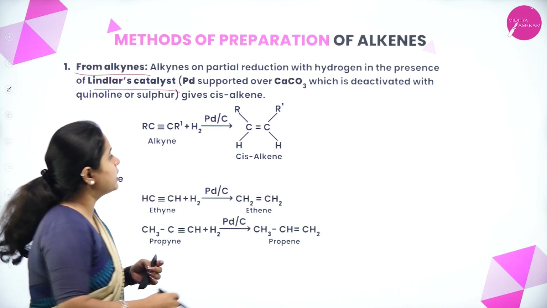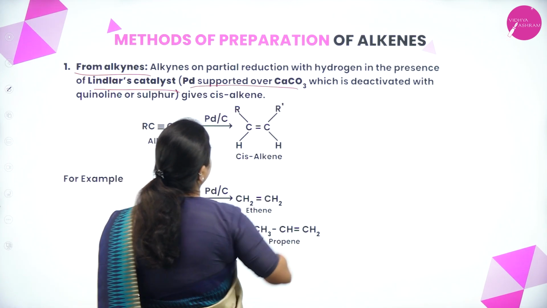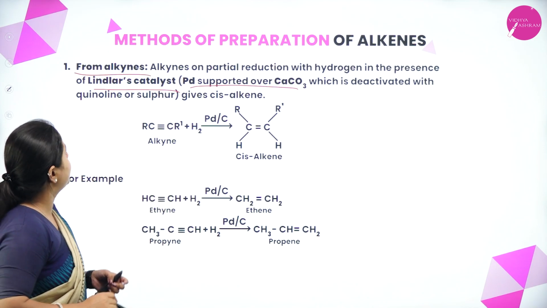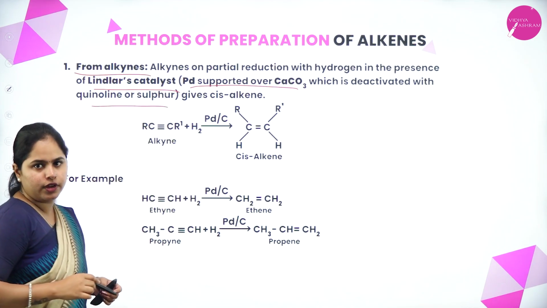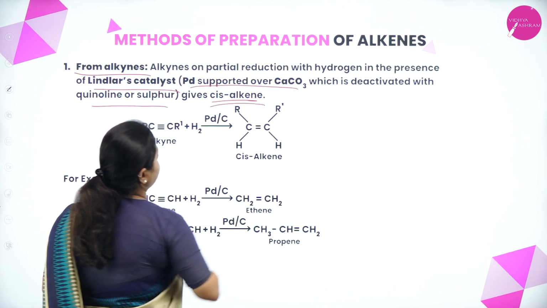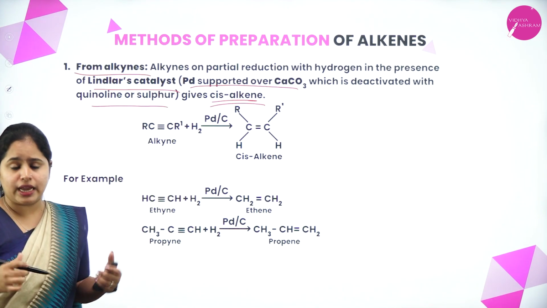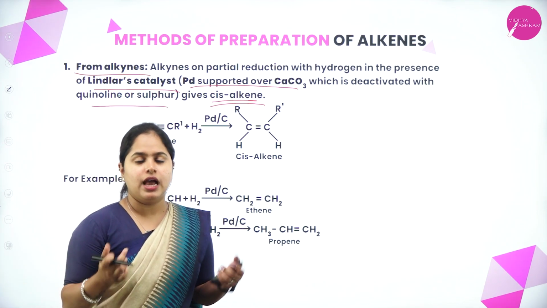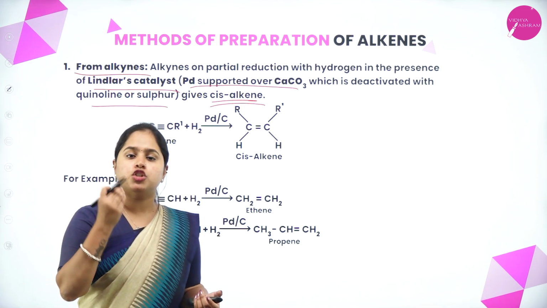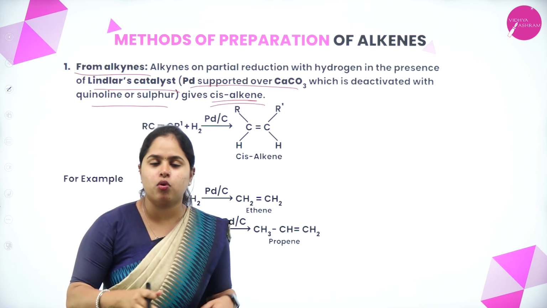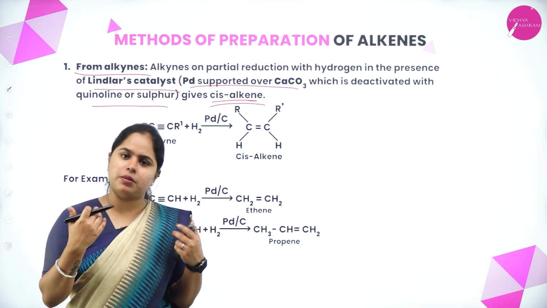What is Lindlar's catalyst? It is palladium supported over calcium carbonate, which is deactivated with quinoline or sulfur, which gives a cis-alkene. So again, how can you prepare alkenes from alkynes? Alkyne is a triple bonded system to which we add hydrogen, the bond will be broken and you'll get a double bonded system. That means alkenes.